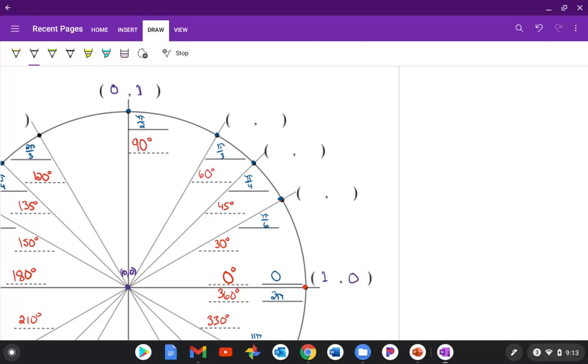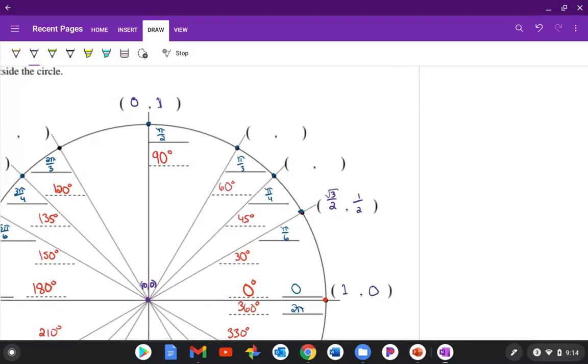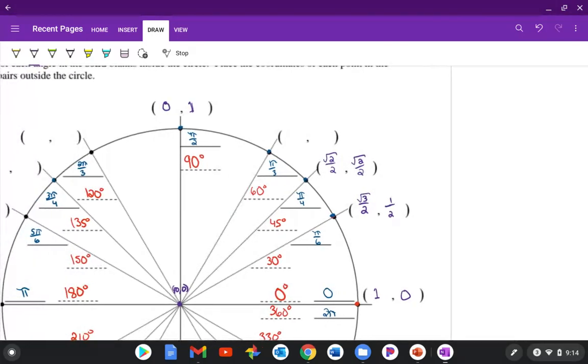But just knowing these coordinate pairs, the first one is radical 3 over 2, comma 1/2. The next one is going to be radical 2 over 2, comma radical 2 over 2. And for the next one, we're just going to switch the coordinates of the first one. There's going to be 1/2 in the x and radical 3 over 2 in the y.